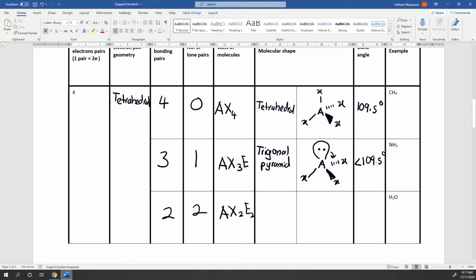That's why the name is trigonal pyramid. So bila ada lone pairs je, kita ibarat form the original shape. So electron pair geometry is the original shape, and the molecular shape is the one yang after electron lone pairs. So that's why now from tetrahedral kita buang satu, it become trigonal pyramid. So the angle is less than 109.5.